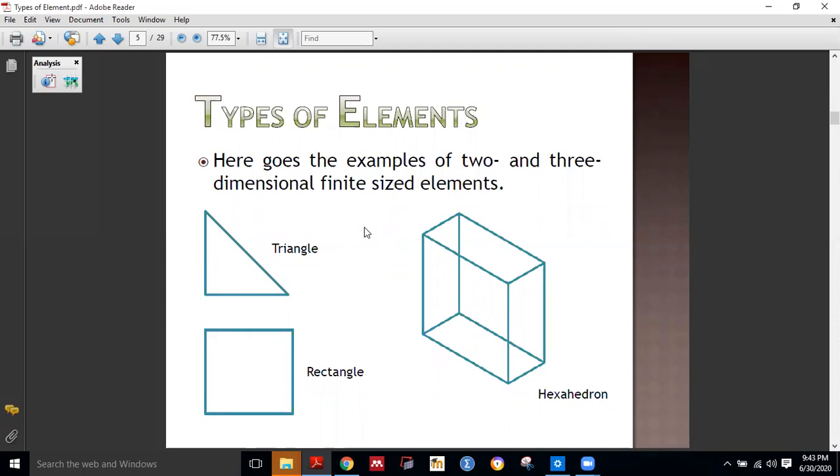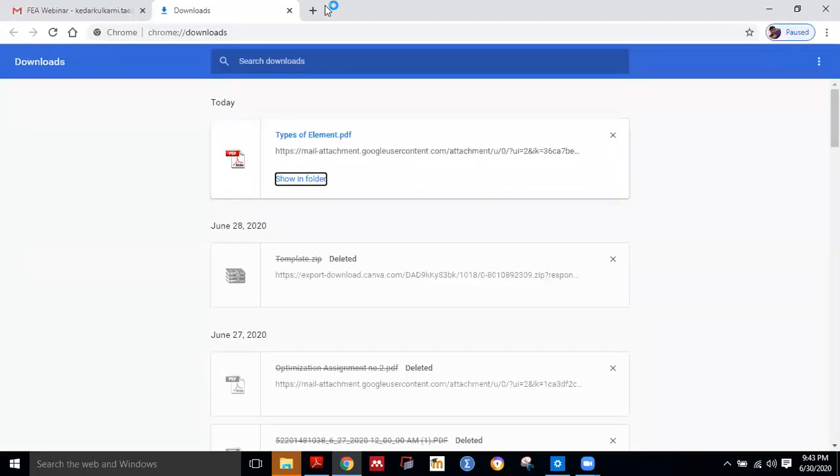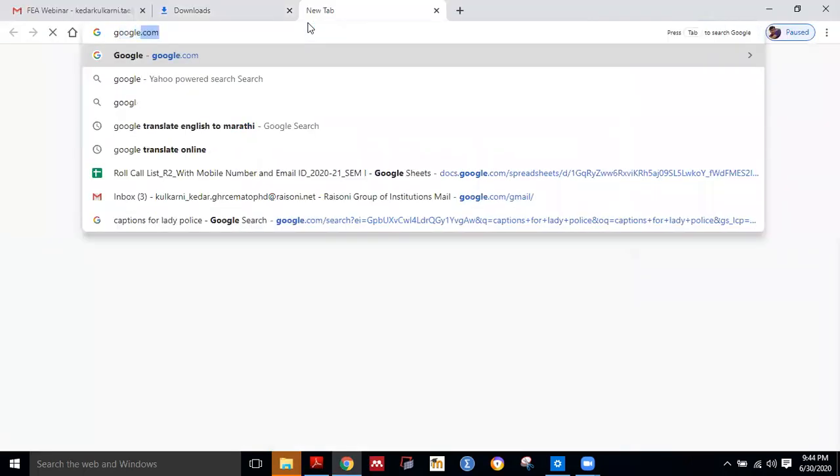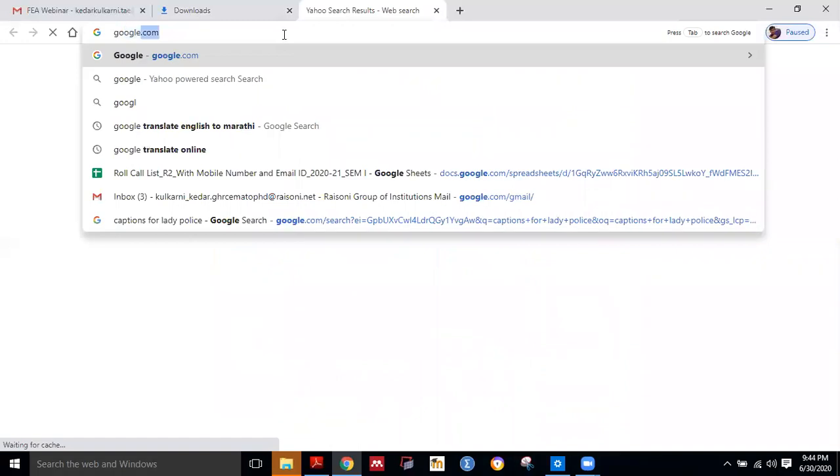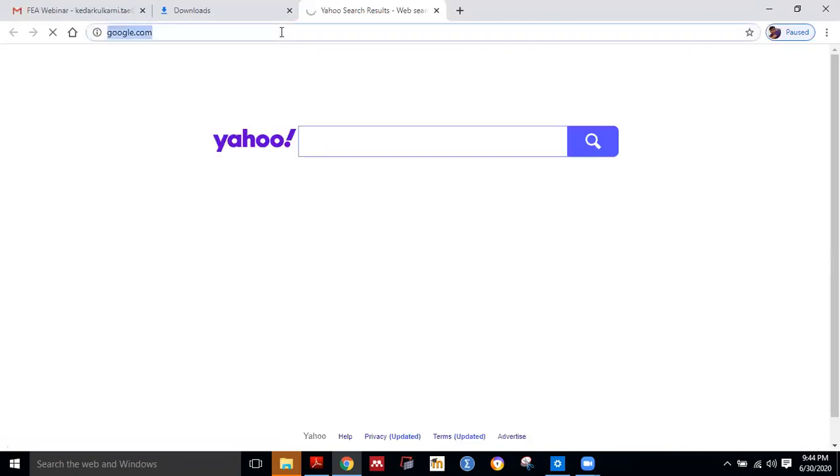Now, first of all, let me tell you, if any bar is there, I will simply search on the net. You can do such a type of trial and error. Okay, now I will see here. I will type here beam element.